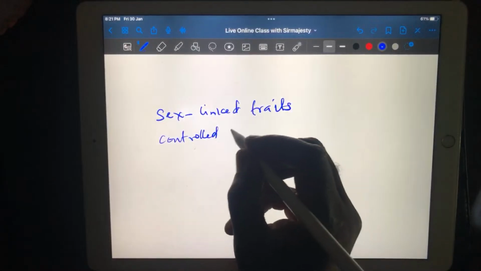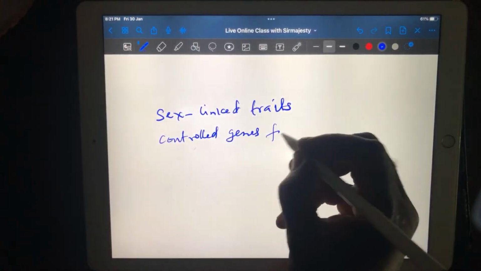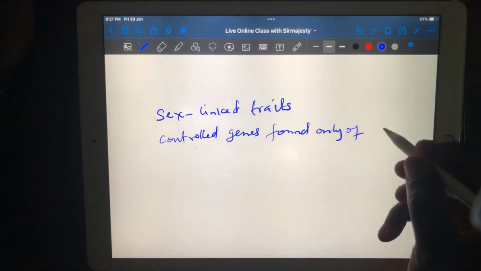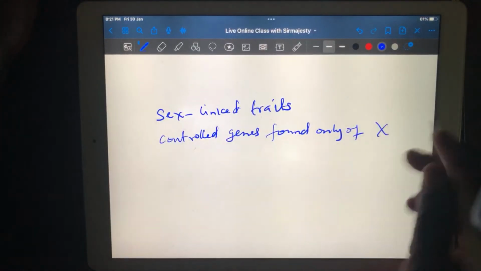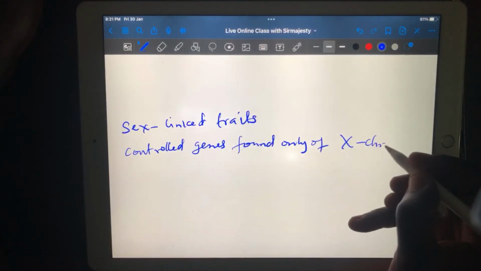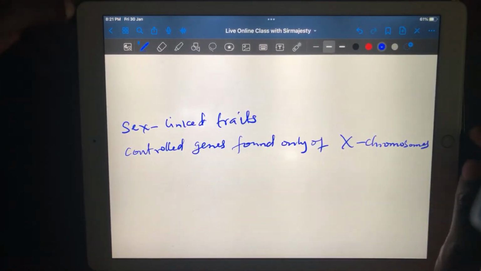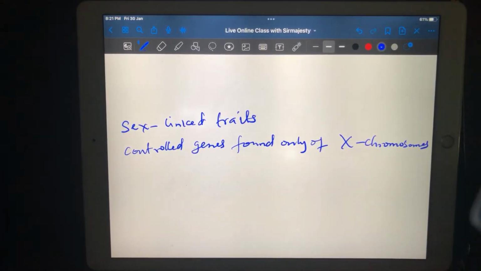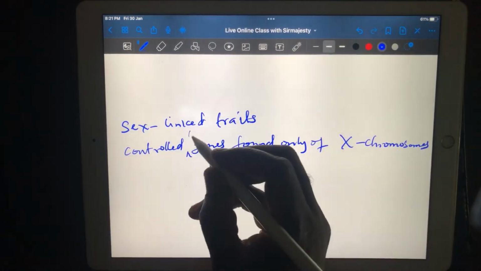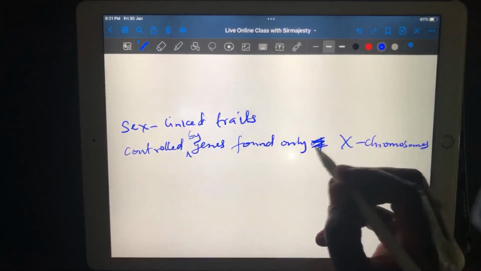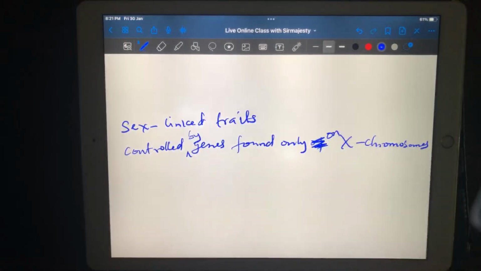They are controlled by genes found only on X chromosomes. So you cannot see them on the Y chromosomes, okay?